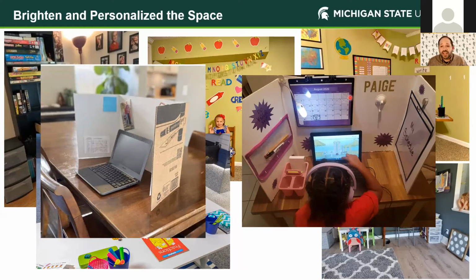So you can use a cardboard, and what you can see here is that you have a lot of light. That is very important. You have seen in all the pictures how important light is, how to keep the area brightened and personalized for that student.